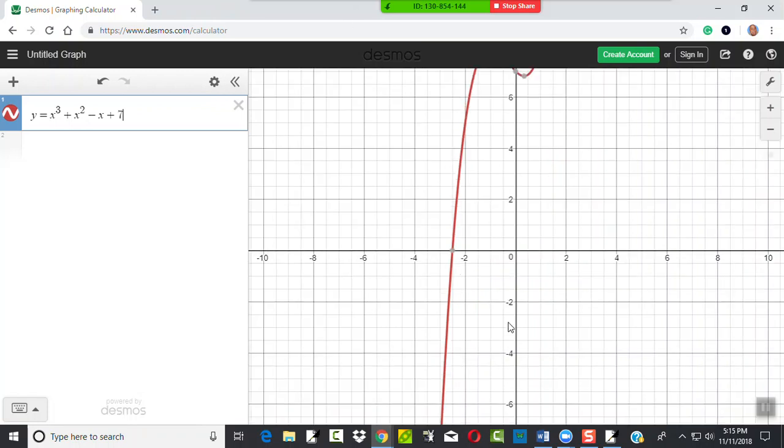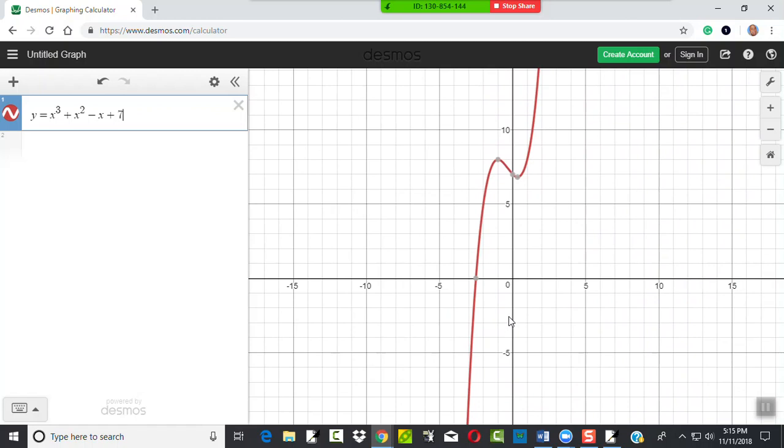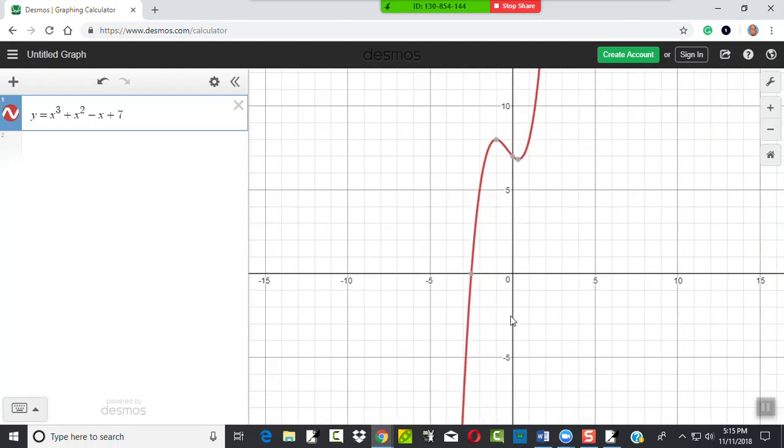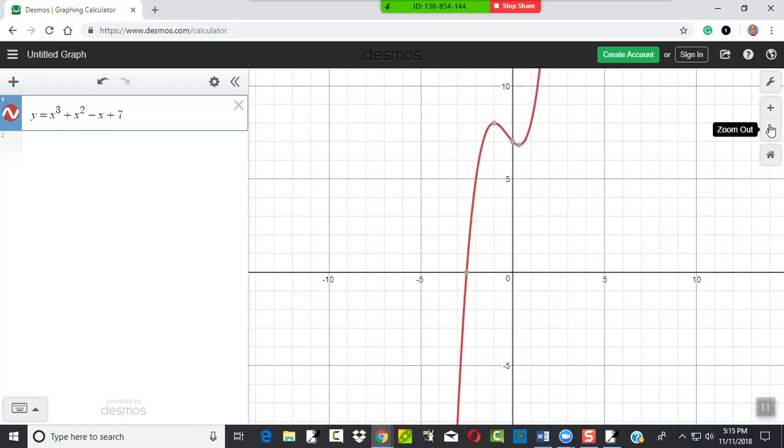Now, I'm going to use my mouse wheel, and you see, using my mouse wheel, I can see more of it up there. Mouse wheel is a button in the middle of your mouse. You can also use these zooming, I'm supposing.